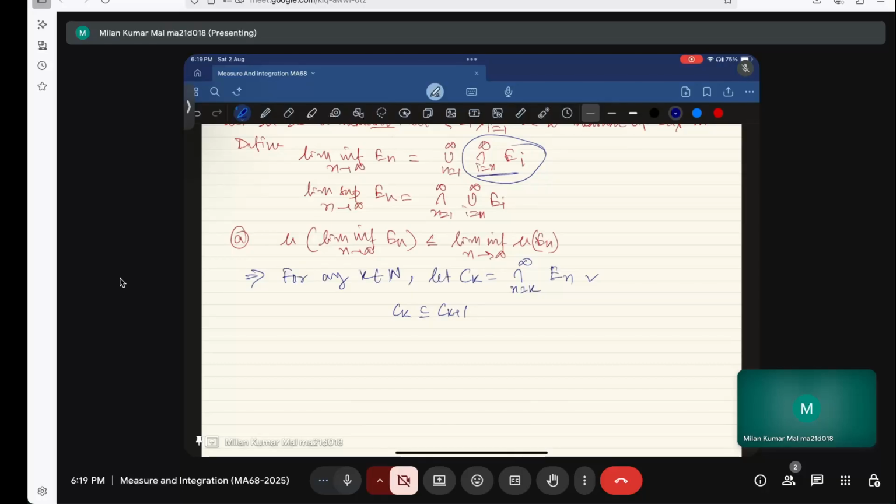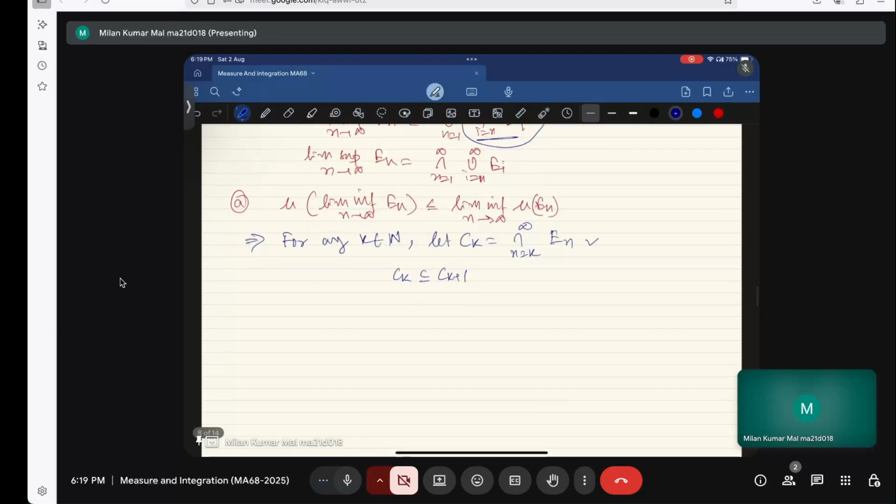Therefore Ck is a subset of Ck plus 1, and so Ck, k equals 1 to infinity, is an increasing sequence.